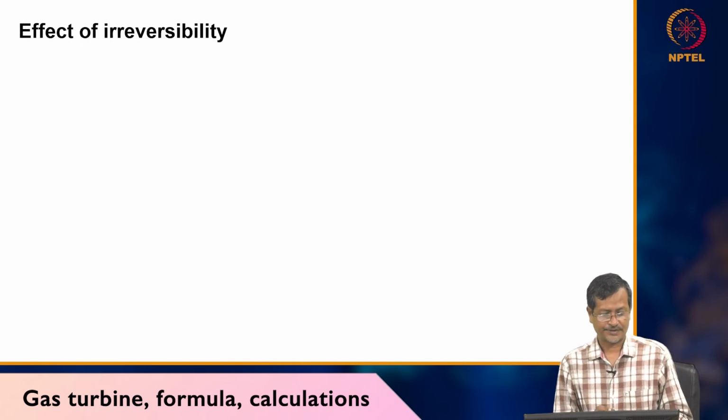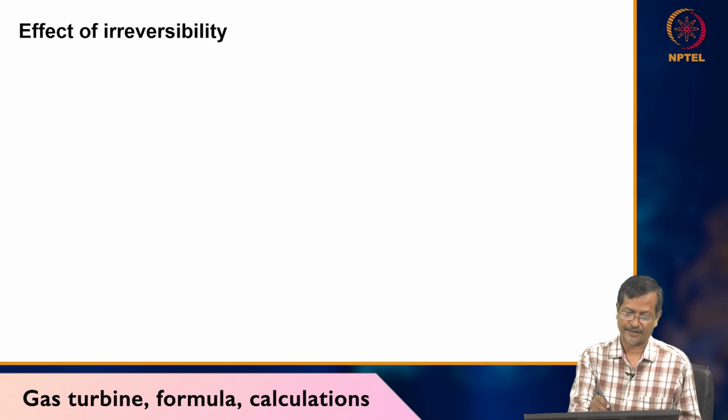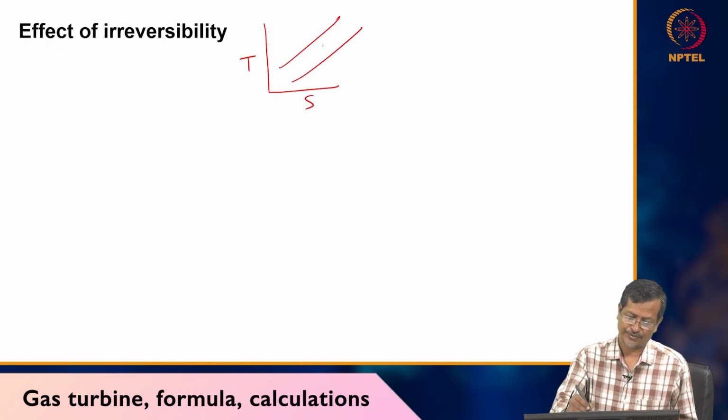So we'll see the effect of irreversibility. Every time I was saying ideal cycle and actual cycle, so there will be an irreversibility term. So on the TS diagram, again you draw your cycle 1, 2.